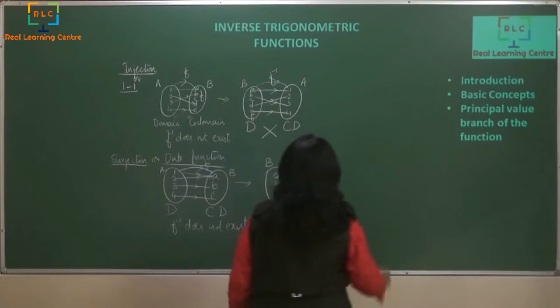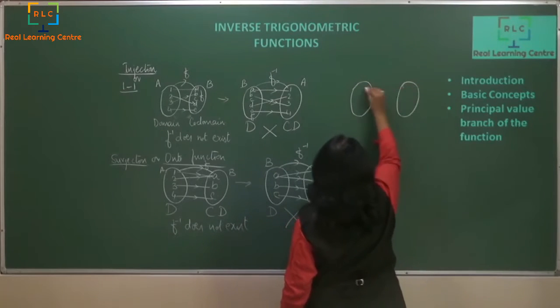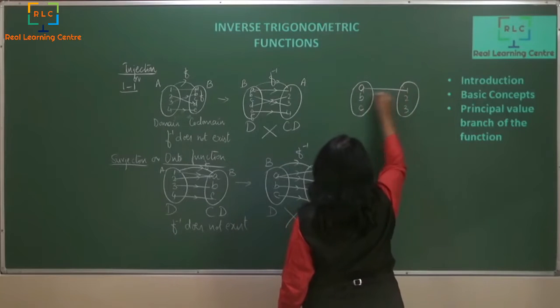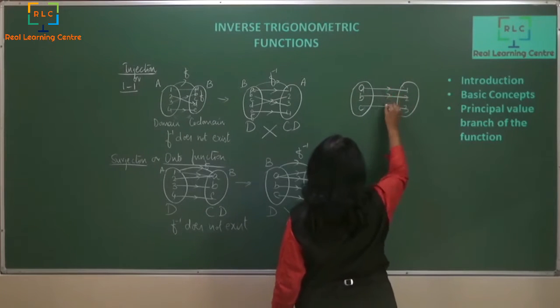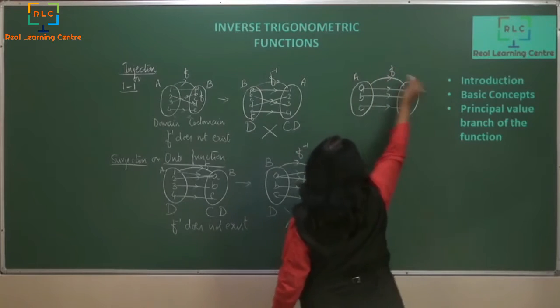Okay, so now let me come to another mapping, f from A to B, which will have an equal number of elements, and a to 1, b to 2, c to 3. A simple way of understanding that this f has its inverse.